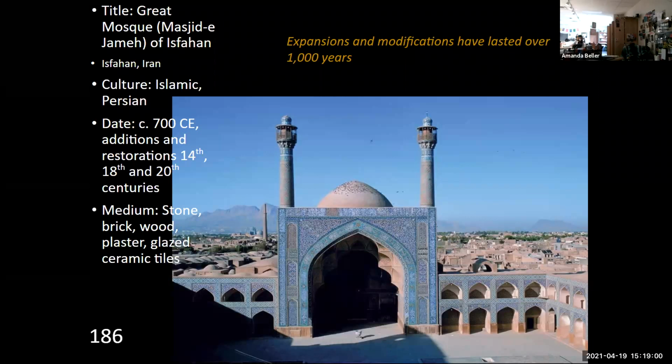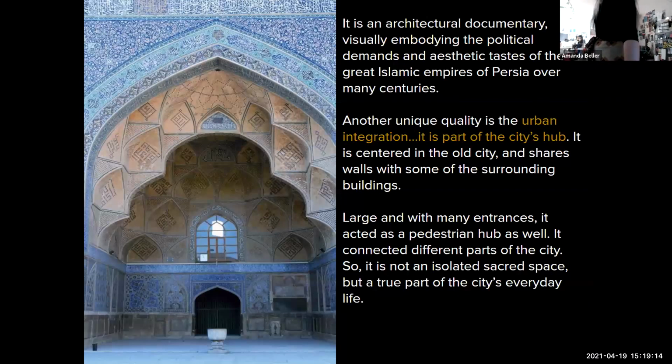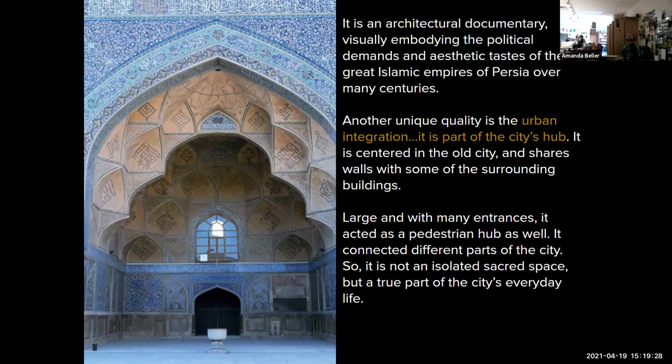They're built by four different kings who are all competing with each other to show more power and authority. So not only is this aesthetic decision being made, it's political competition with each one that's built. So this is one of the kings.